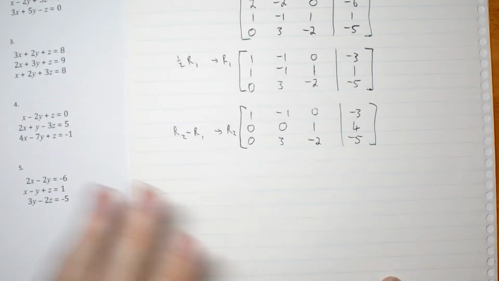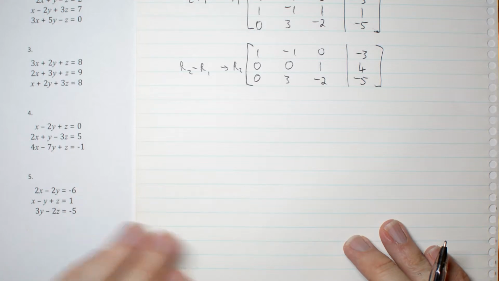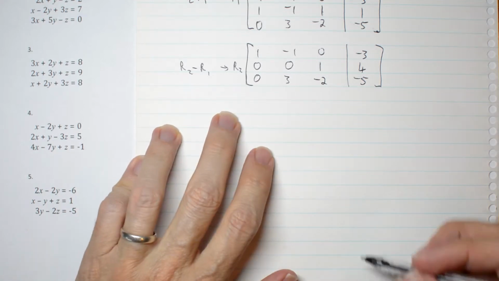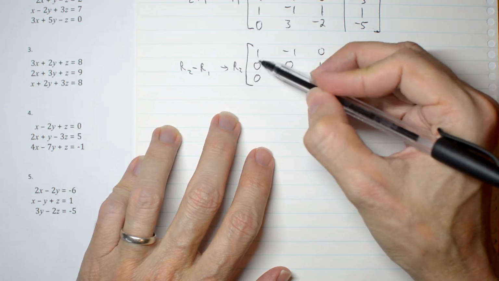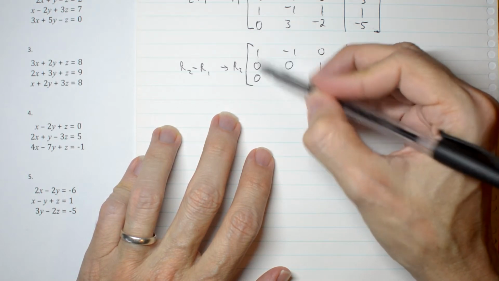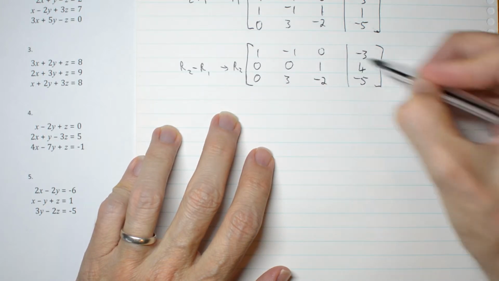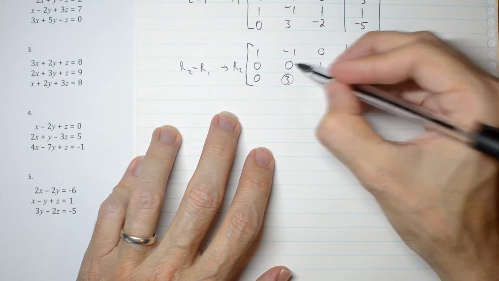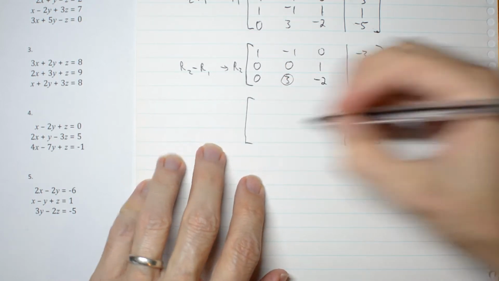All right, let's now try to solve for the rest. I've now eliminated all the entries below my first pivot. I now need to look at what's left. This is obviously going to be my pivot because I can't have a 0. So let's swap rows 2 and 3.